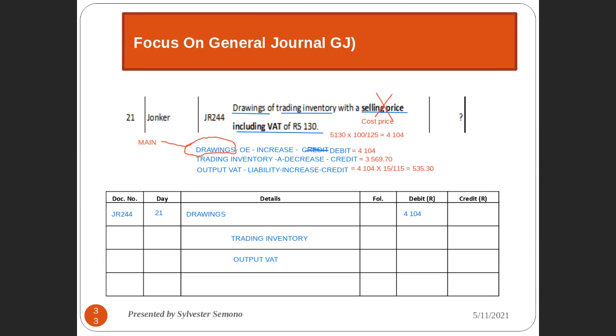And then you said the output VAT is 535 point, I don't remember, 0.30. And you said the answer there is 3568.70. Thank you so much for that.